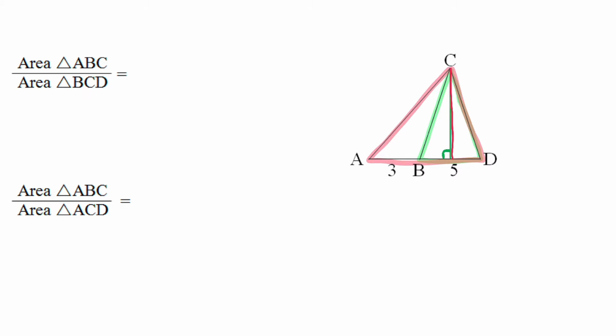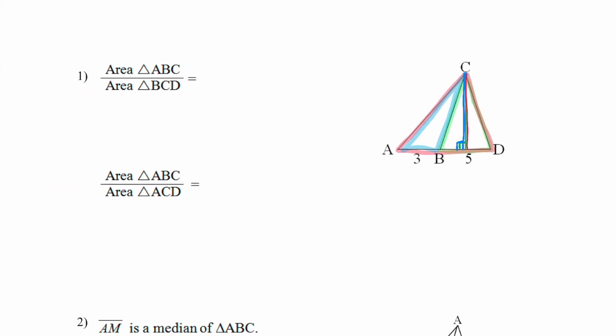And just to convince us, let's do the last one here. Let's use blue. For triangle ABC, if we try to draw the height again from its vertex, that is the same height as all 3 segments we've drawn before. So these 3 triangles, although they're different sizes, all have the same height.